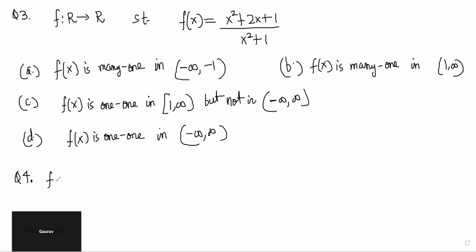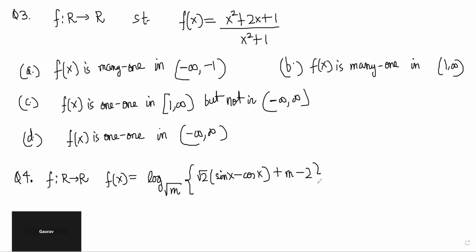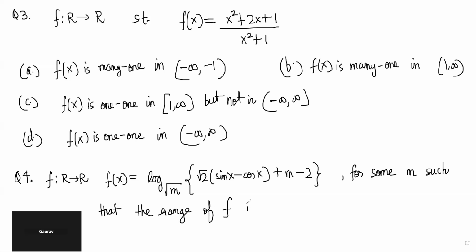Next question is, f is a function from R to R defined by f(x) is equal to log base root m of (root 2 sin x minus cos x plus m minus 2) for some m such that the range of f is 0 to 2.